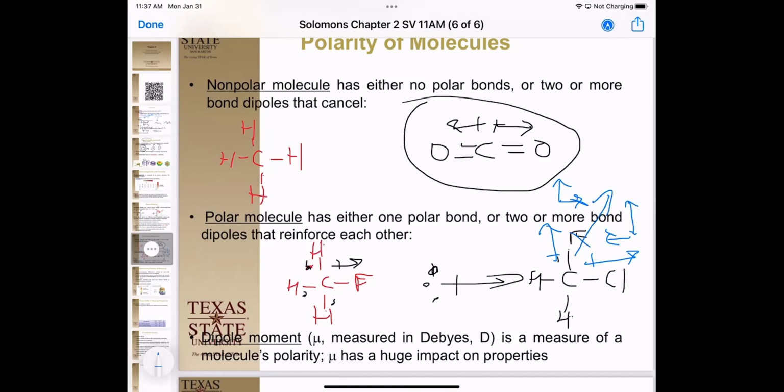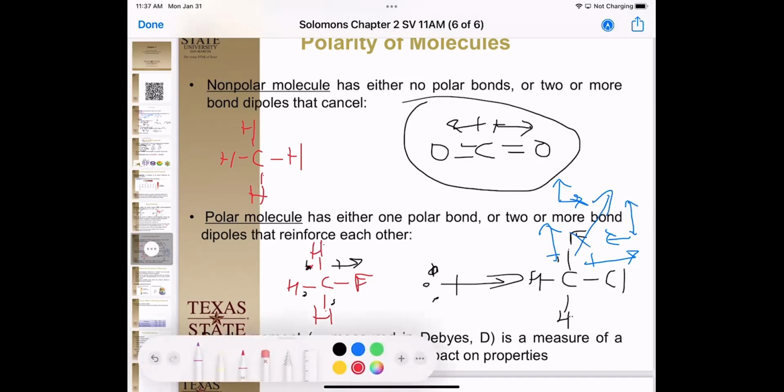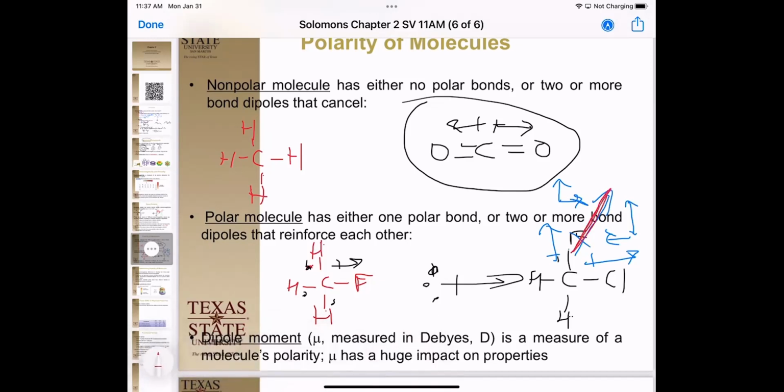So that means our dipole moment, the polar part of our molecule, is actually going in this direction here, because we added all of the polar bonds together to give us the net molecular direction, the molecular polarity. And we call that the dipole moment.